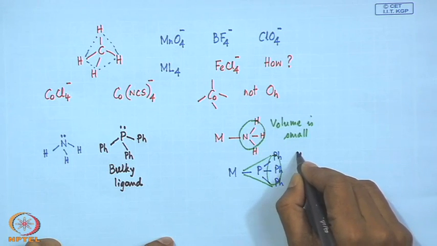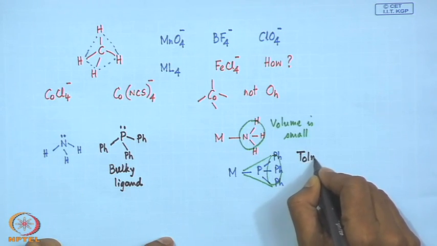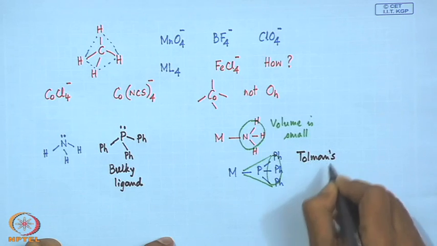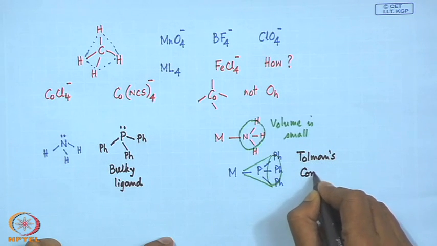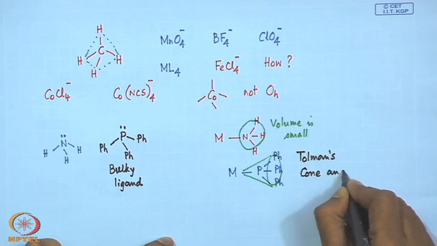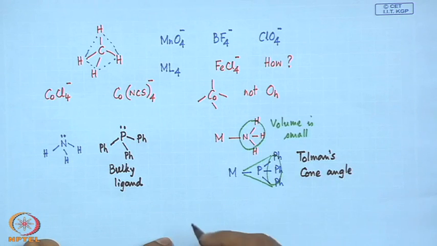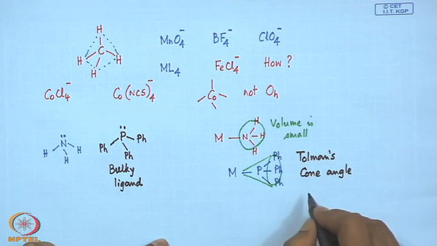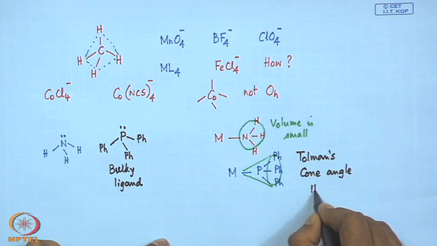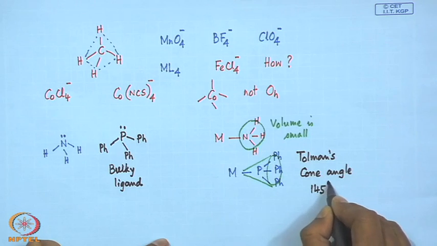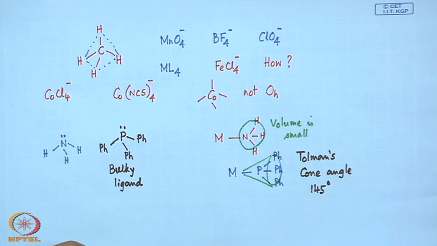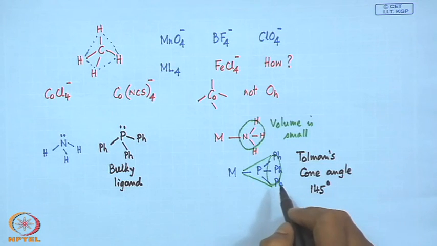and this funnel type of structure can give rise to some cone angle which is known as Tolman's cone angle, and in case of triphenylphosphine it will be around 145 degrees. So, these substitutions on the phosphorus atom are very important to change the corresponding cone angle.